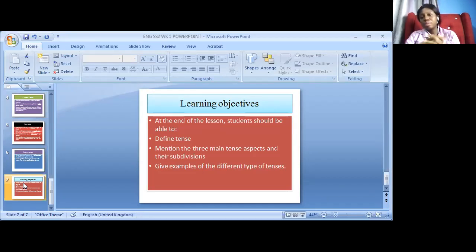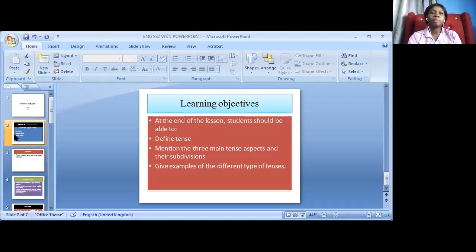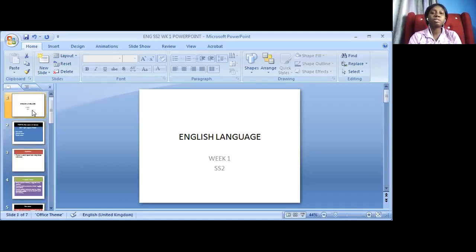And the last learning objective is that you should be able to give examples to illustrate the different types of tenses. Now let's proceed to the class in detail.